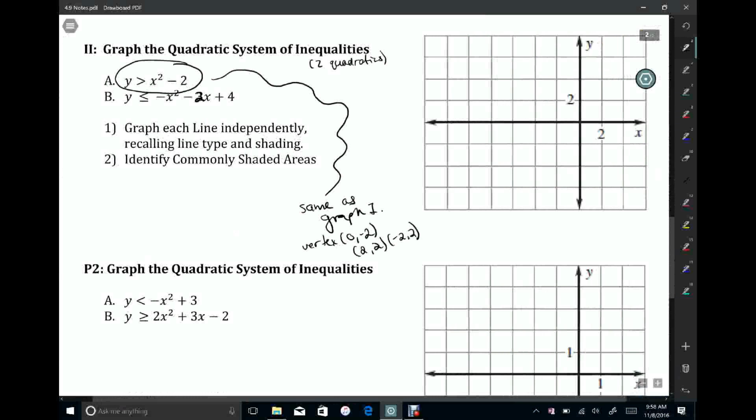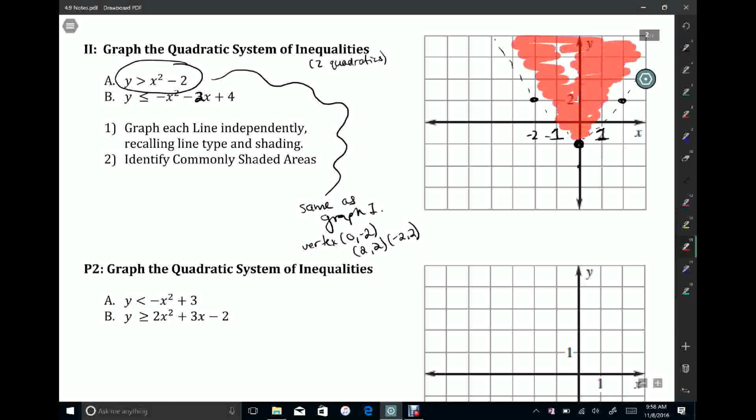Same as the first graph, so really it's the same thing. We're going to change our scale one more time. It just makes it nice for us. And we have our vertex 0, negative 2. Over 2, up 2, dashed, dashed, and red in between.